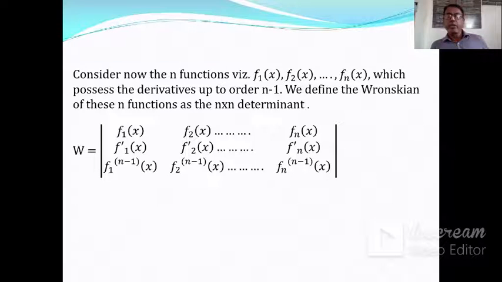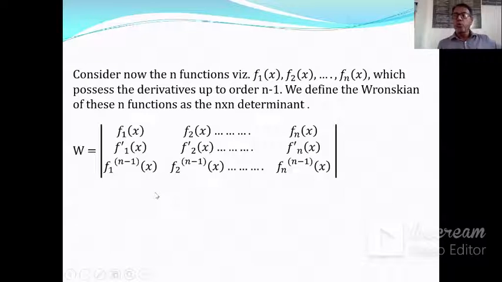The second row is f1 dash of x, f2 dash of x, up to fn dash of x. After that there are dots, since we are unable to write all the rows here, so I have written the nth row. This is not the third row; remember this. After the dots, we write the nth row.